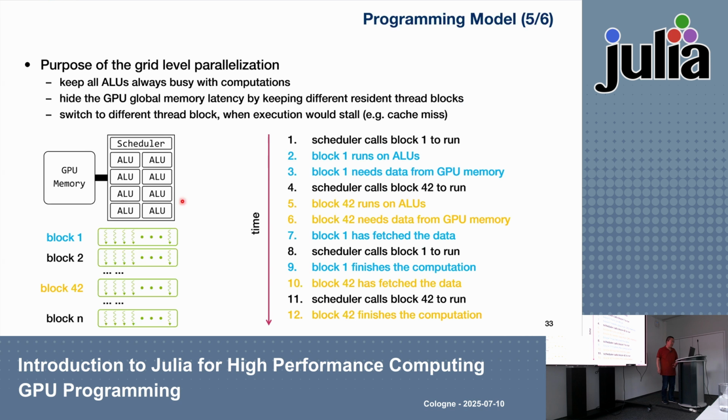And this is a question concerning why the GPU has another level, the so-called grid level of parallelism. Basically, in one word, to hide the memory access latency, because hiding GPU memory latency is the key to performance.